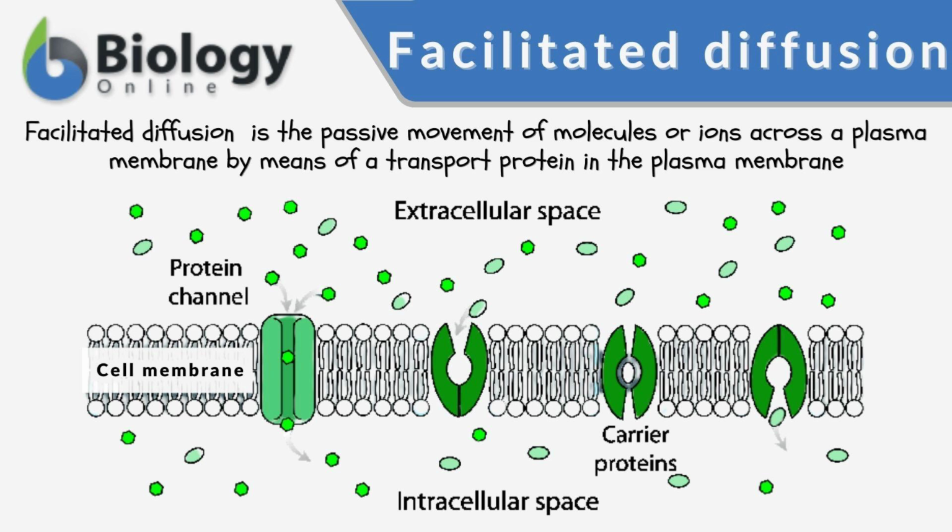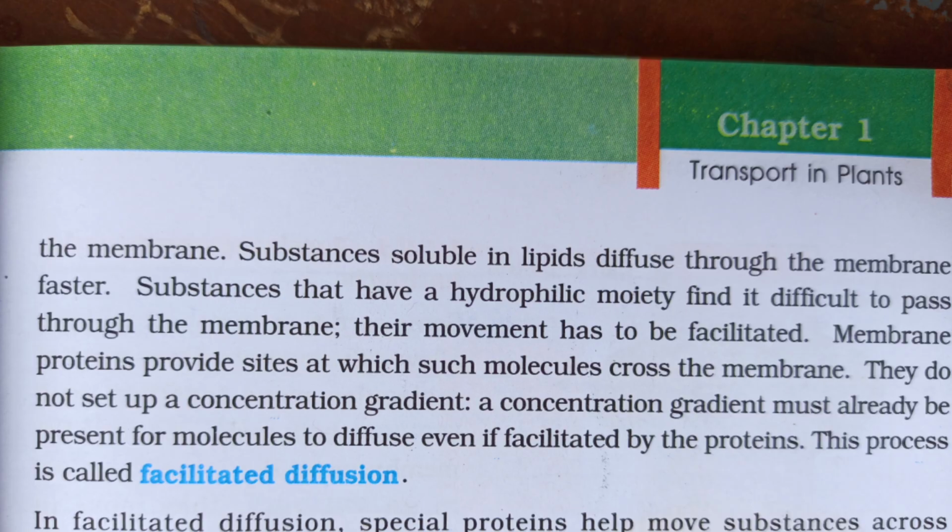Due to the carrier protein, substances are exchanged between these two spaces. A concentration gradient must already be present for molecules to diffuse, even if facilitated by the proteins. So this process is called facilitated diffusion.